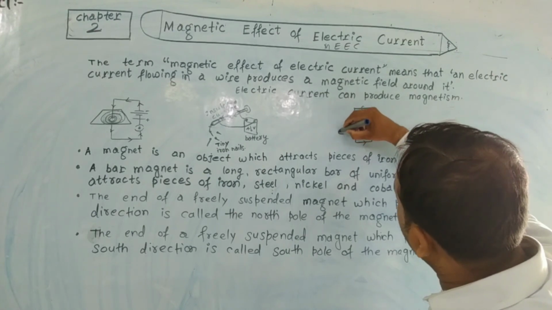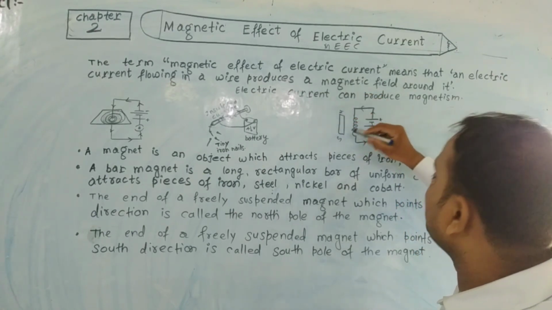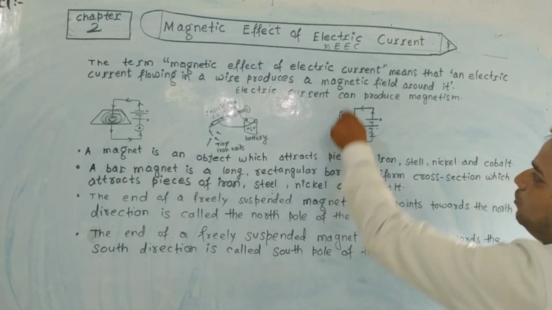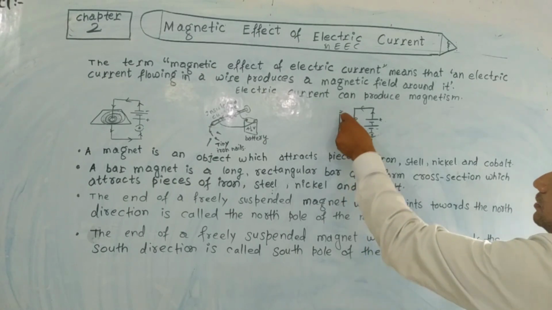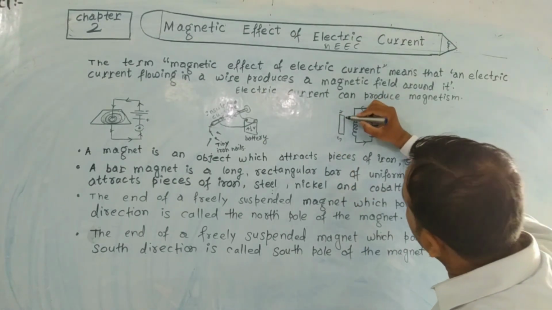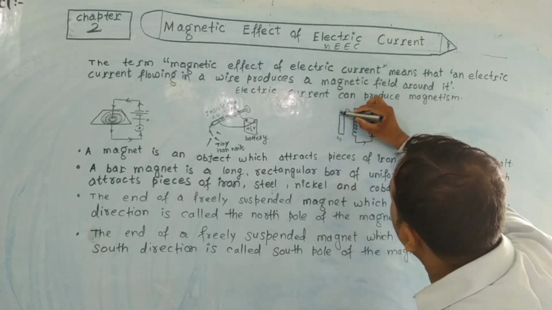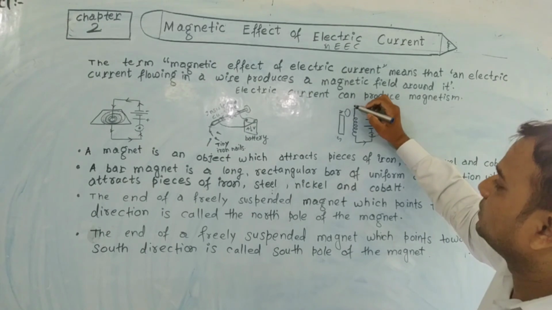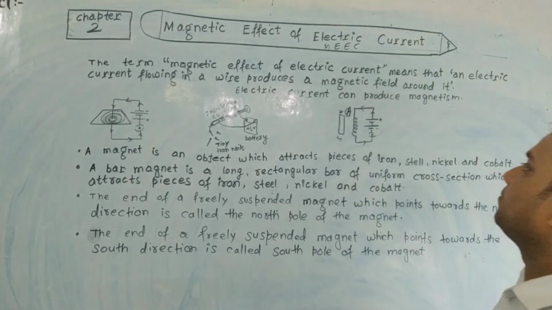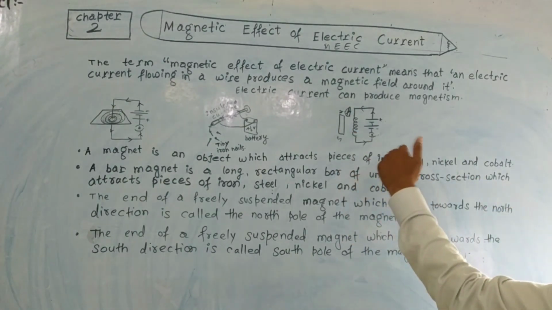If you take a bar magnet with North Pole and South Pole and move it to and fro in front of this conductor wire, you see its needle is deflected. That means the magnet is deflected.